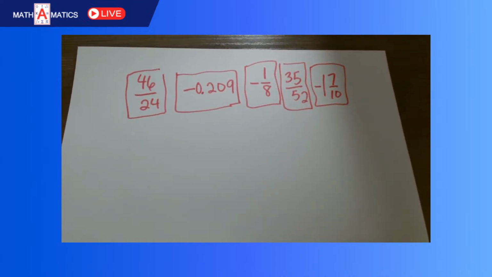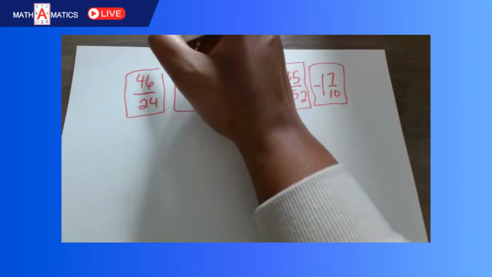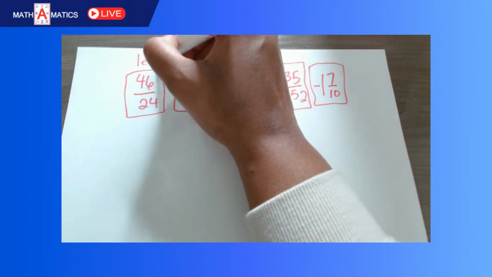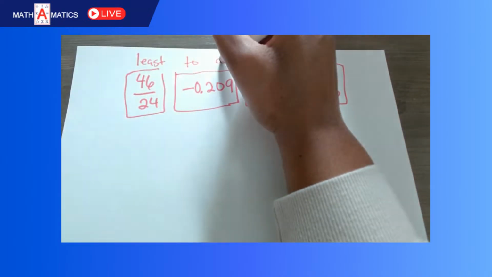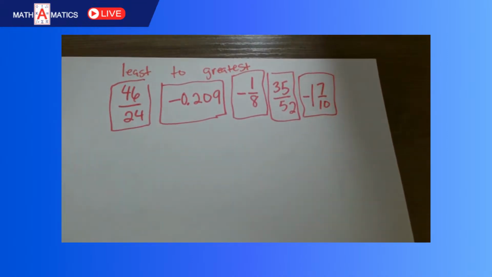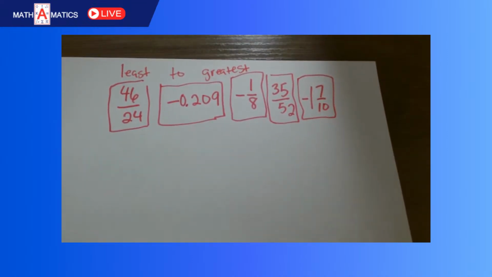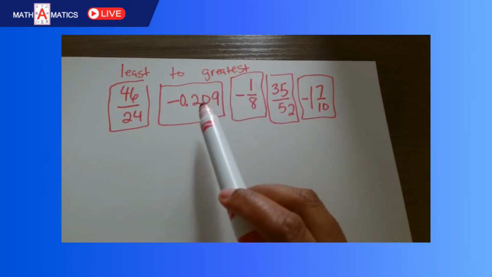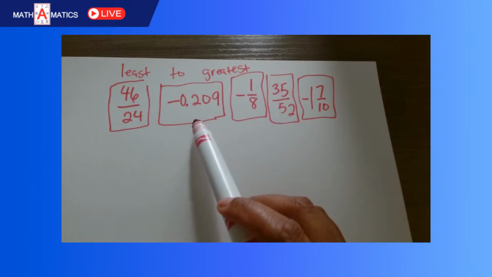Alrighty, so they want us to order these from least to greatest. I'm going to remind myself that I want to do least to greatest here. So now we know that we are comparing all of these fractions and this decimal here.